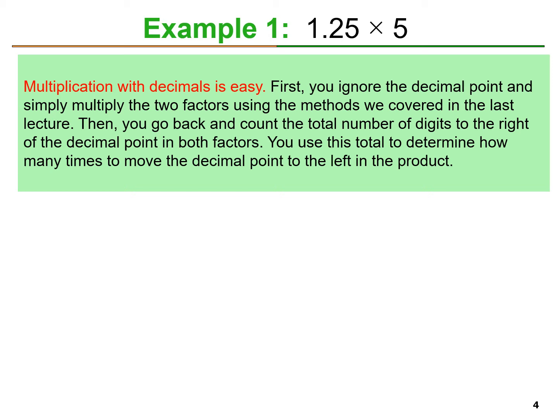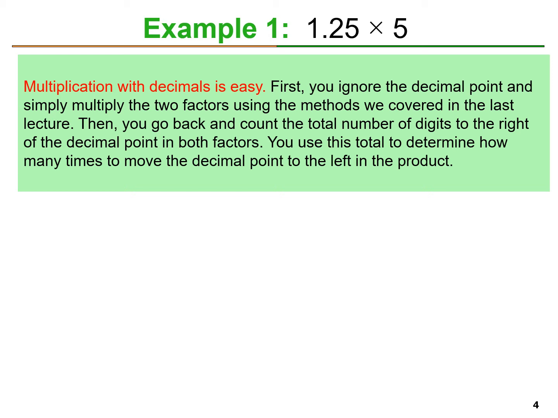Then you go back and count the total number of digits to the right of the decimal point in both factors. Remember, factors are the numbers that we are multiplying. You use this total number of digits to the right of the decimal point to determine how many times to move the decimal point to the left in the product.